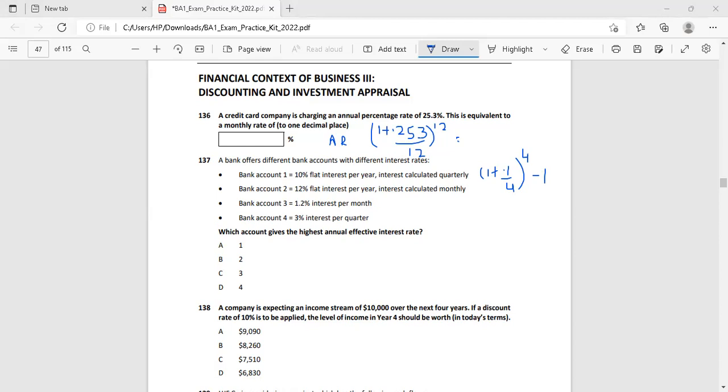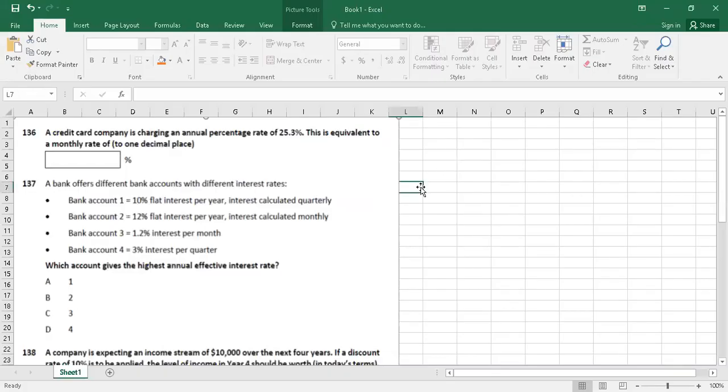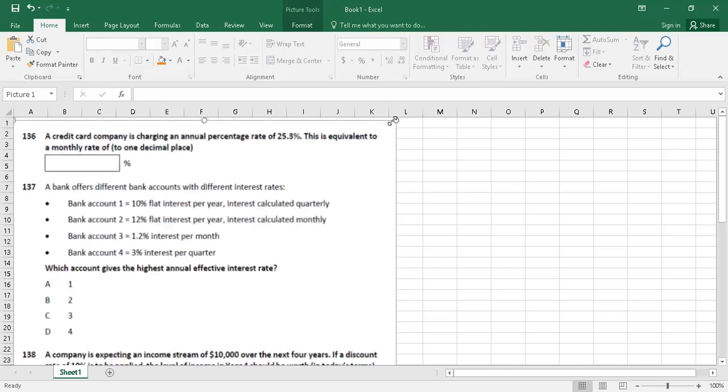I've given 10.38 for the quarter part. Okay, I brought the questions to the Excel sheet. We'll try it out here. Question number 137, bank account 1.